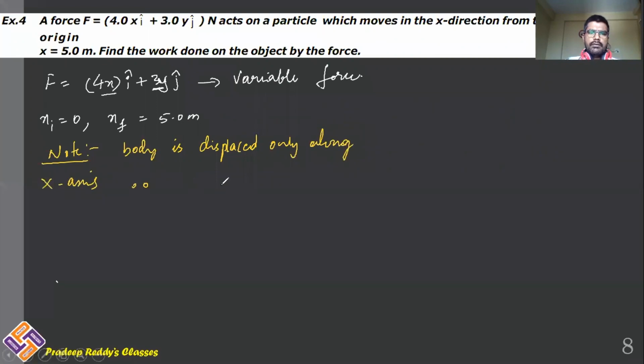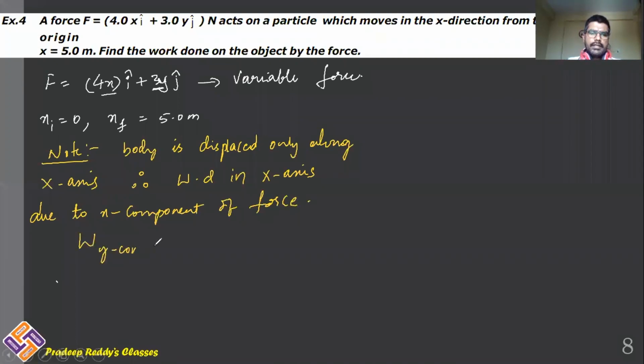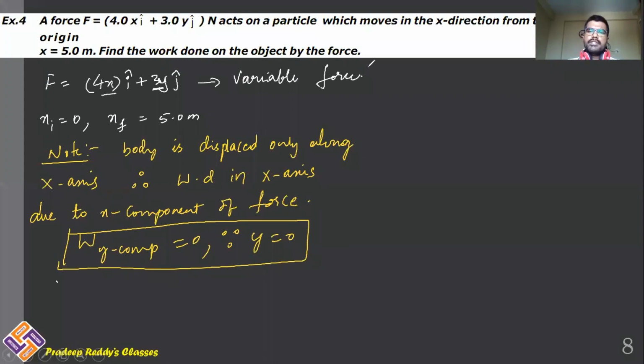Therefore work is being done only along the x axis, due to the x component of force. Work done by the y component is equal to 0, since there is no displacement along the y direction. There is only work done by the x component.